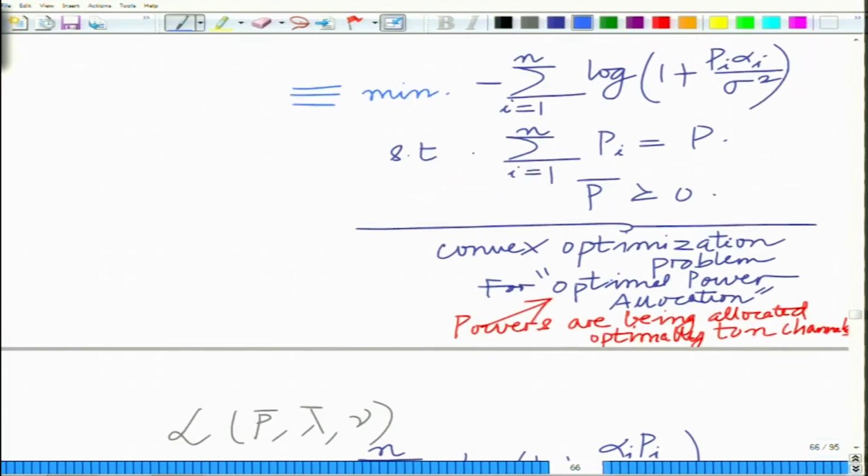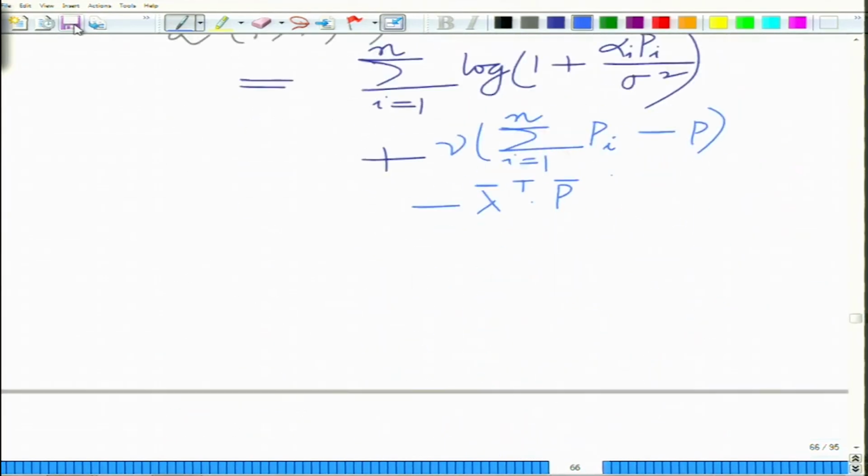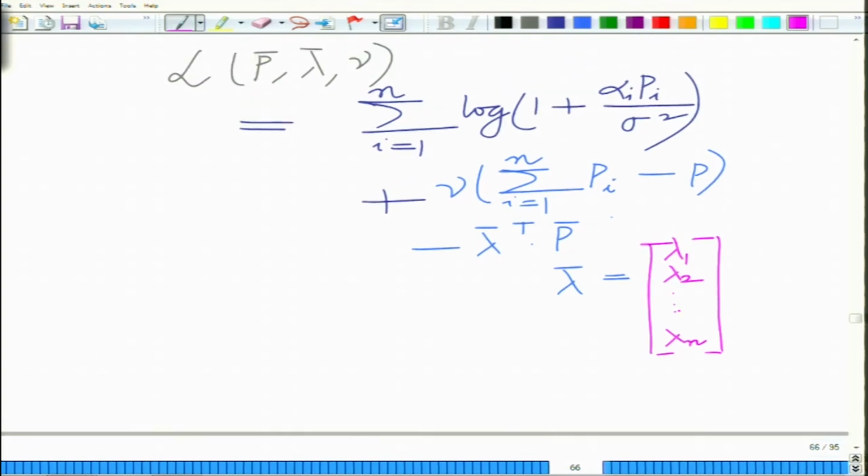Because the constraint is simply p bar greater than or equal to 0 component-wise, or minus p bar less than or equal to 0. Lambda bar has one Lagrange multiplier for each inequality constraint, that is, one for each power: lambda 1, lambda 2, up to lambda n.